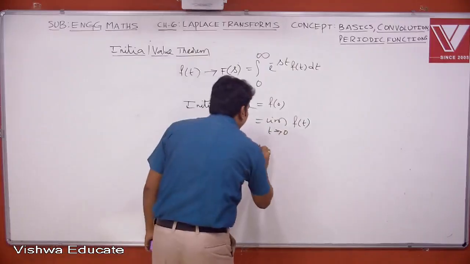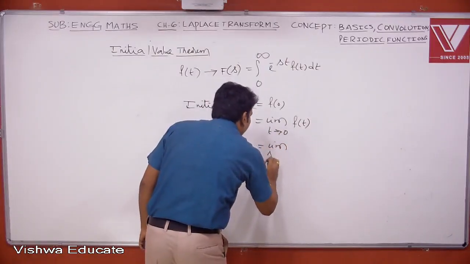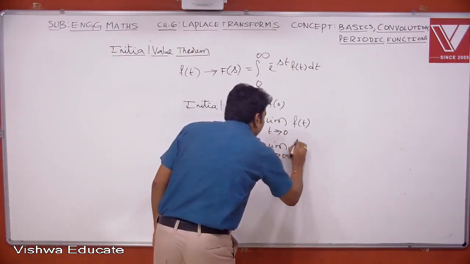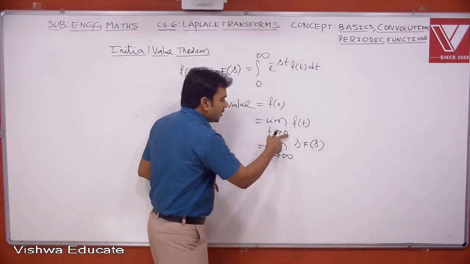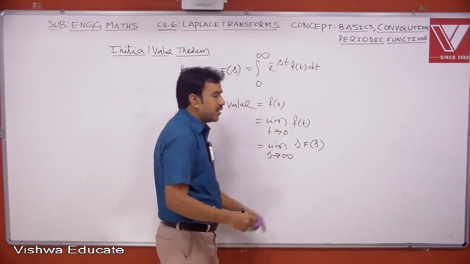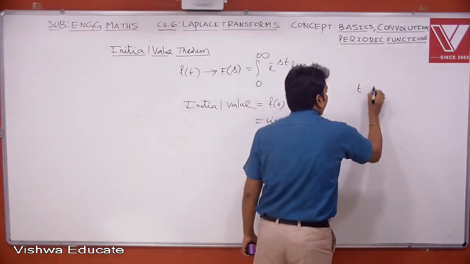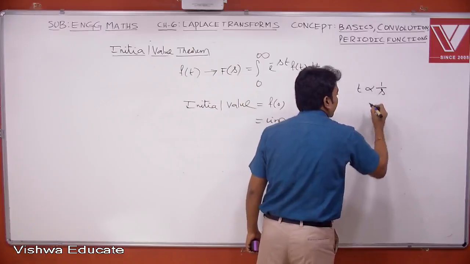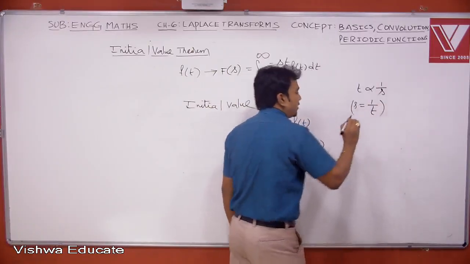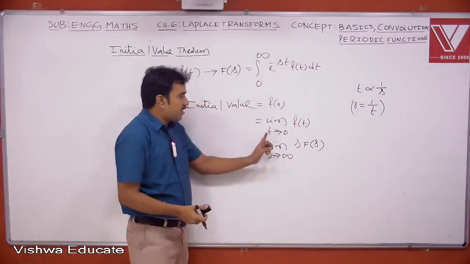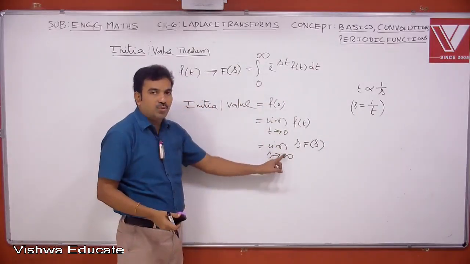But in terms of the signal variable, this is limit s tends to infinity of s into capital F of s. Basically the time variable is inversely proportional to the signal variable, or we can say s equal to 1 by t. Because of this, as t tends to 0, s tends to infinity.